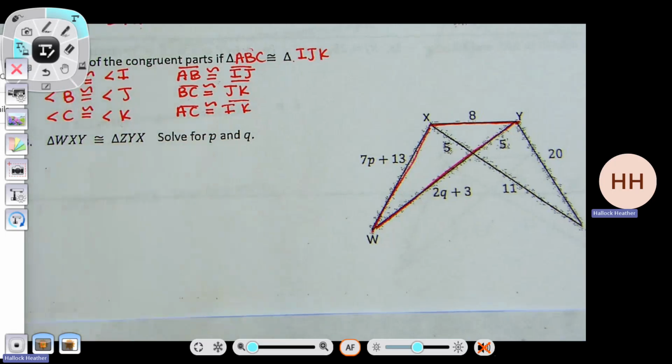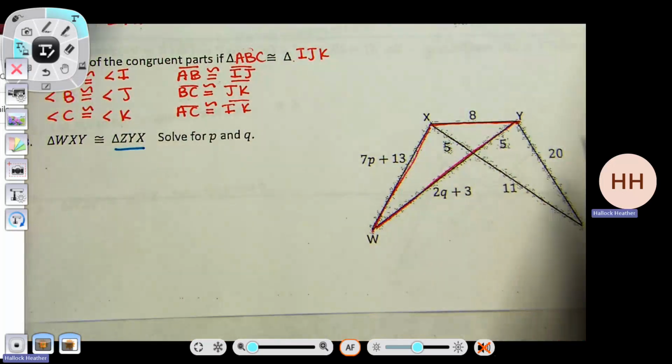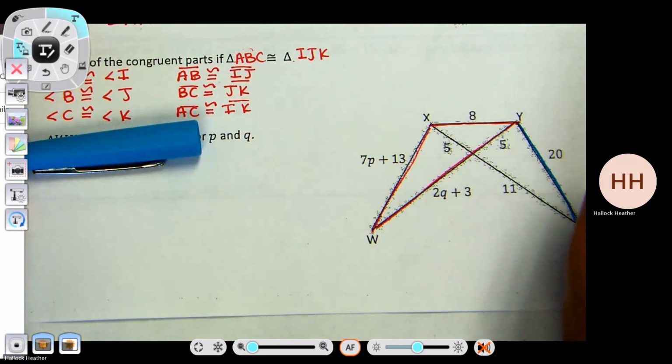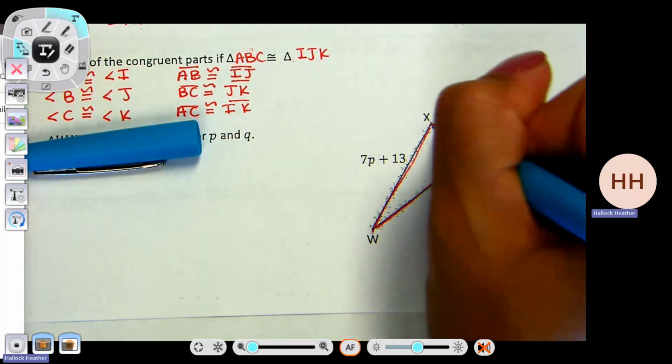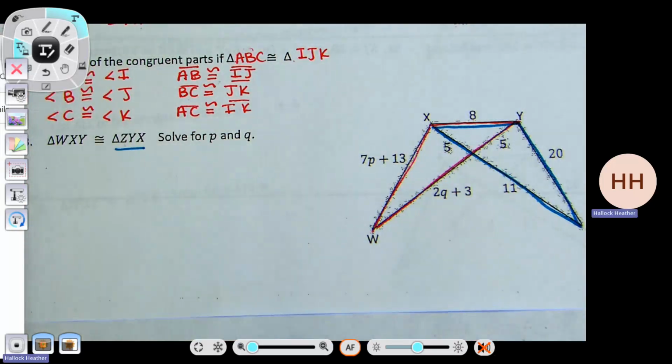And then you also have ZYX, which is the other big triangle. Okay. So we got to write an equation to represent, to solve for P and to solve for Q.